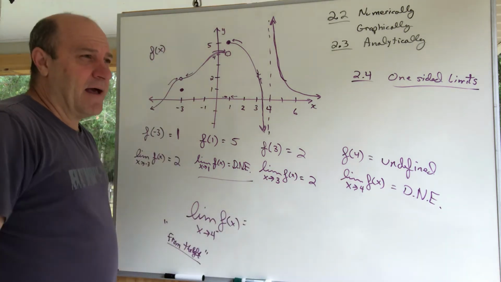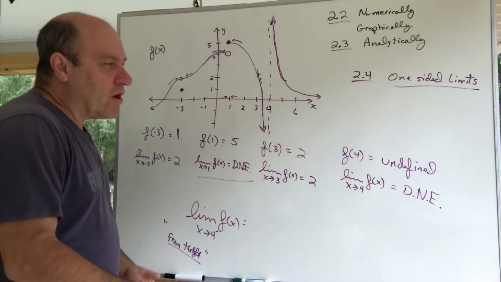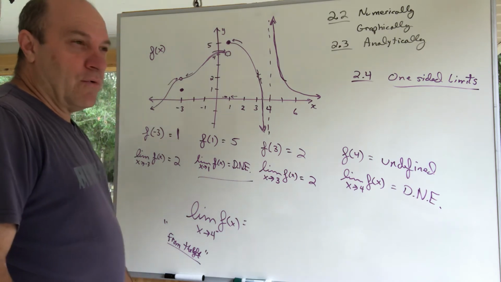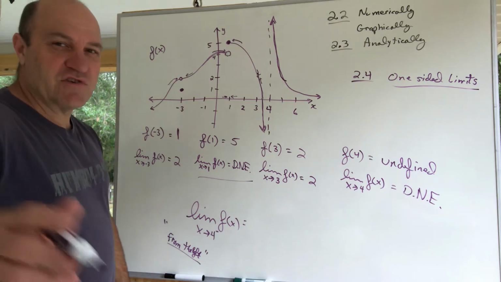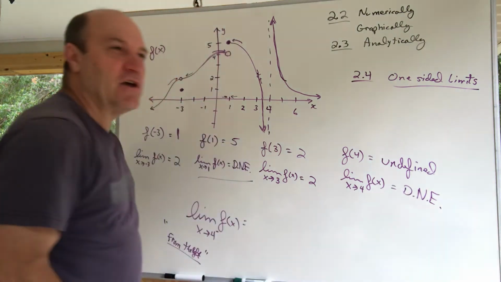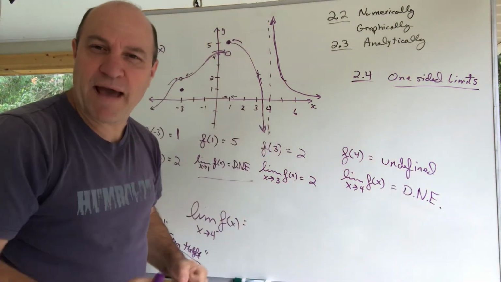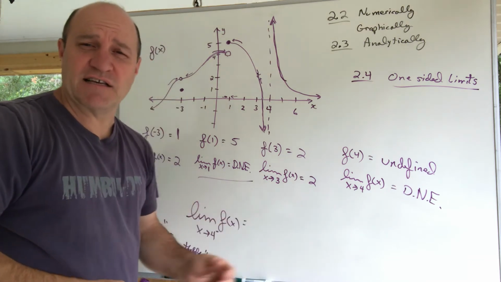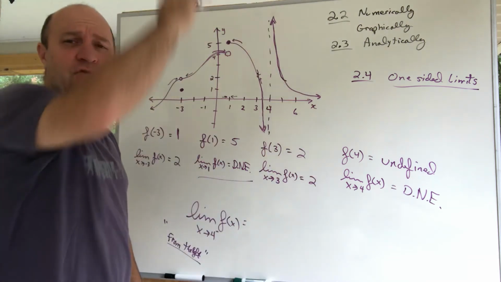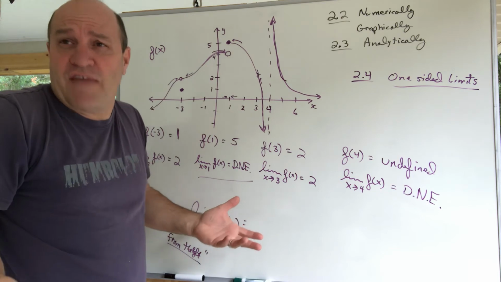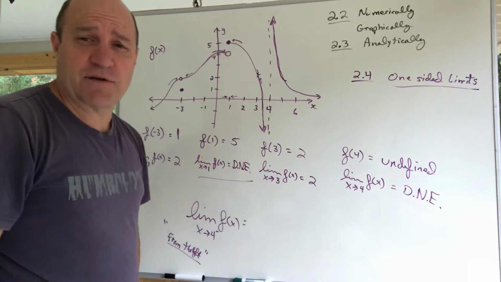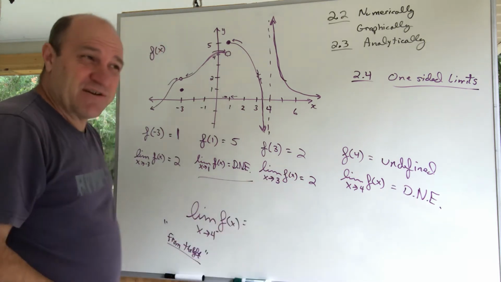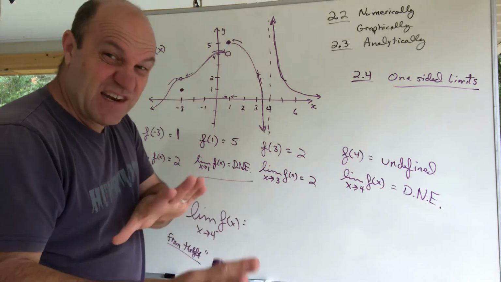Yeah, I get it. But I kind of reserve does not exist for when the left and the right don't match up. When the left and the right are 2 different answers, that does not exist. And when the graph is headed toward infinity, I want to know that as information. And the book changes their mind. They start off by saying if the answer is infinity, it doesn't exist.